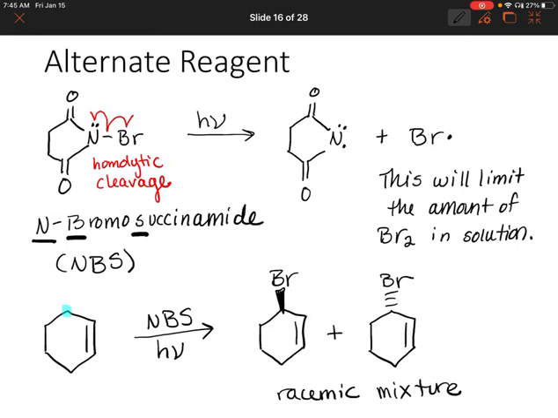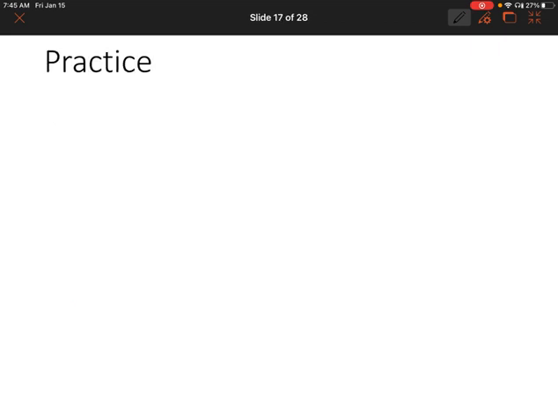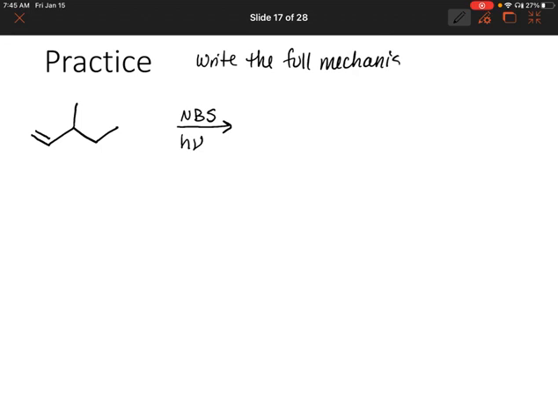Okay, so let's do a practice problem. All right, so I'm going to give you an alkene. And we're going to add NBS, so N-bromosuccinimide, and energy in the form of light. And I want you to write the full mechanism for this reaction.